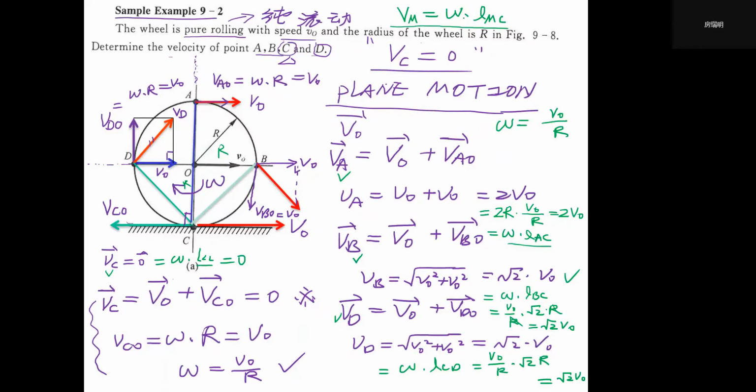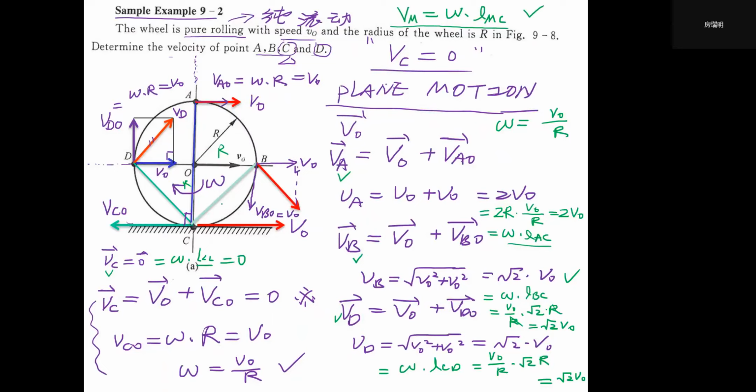Because we have checked this relationship when the point M is A, B, C, and D, it's always true. This is a very interesting finding. It is more like at this moment, all the points on the wheel are rotating around the point C. That's why each point's velocity equals omega times the distance from this point to the center C.